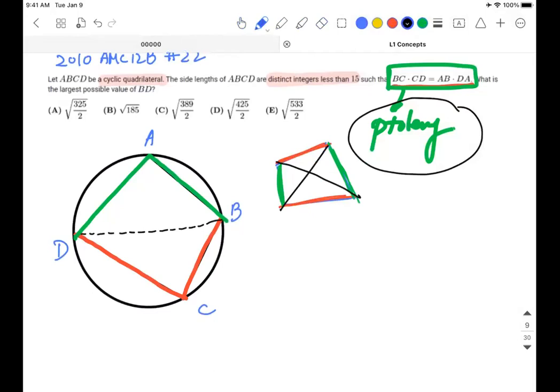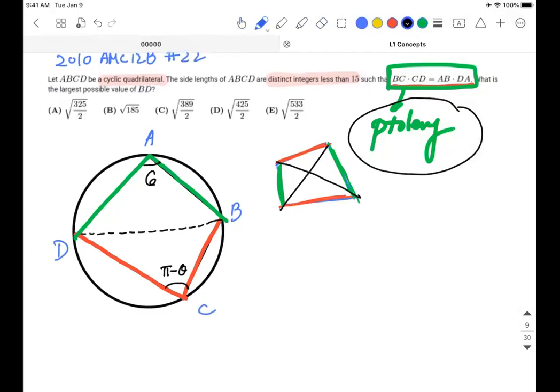So let's try to break it into two triangles. Maybe I'm going to say this is theta. This is going to be pi minus theta, right? Because if there is a cyclic quadrilateral, these are going to be supplementary to each other. So one is theta, the other is pi minus theta, right? This is actually something very understandable.